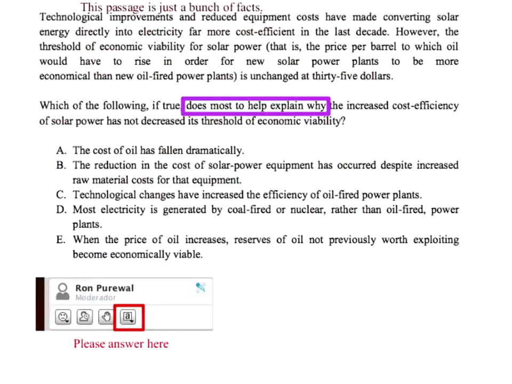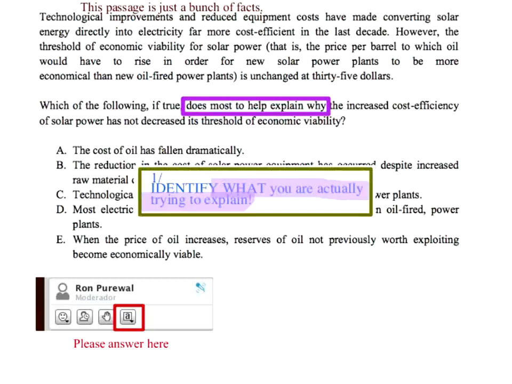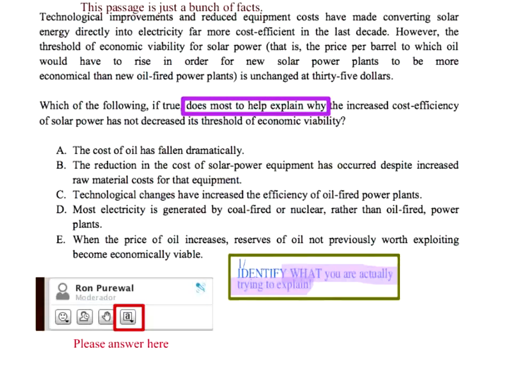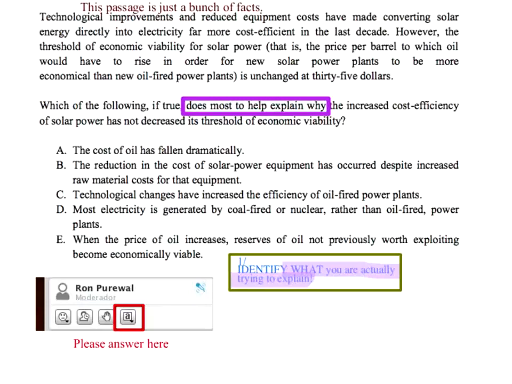So let's go back to this question. And let's ask that key question that we have to ask, which is, what are we actually trying to explain here?